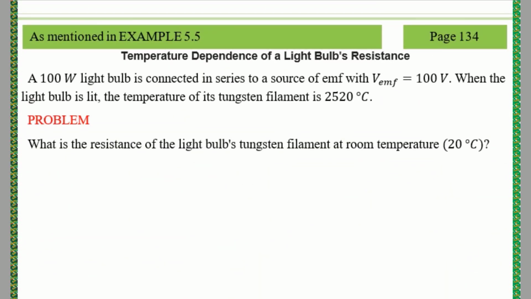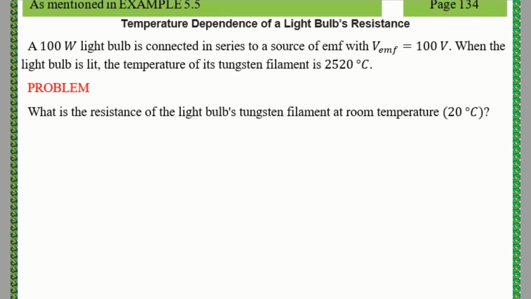Now let's end this discussion with this question. It is the temperature dependence of a light bulb's resistance. This is not in the syllabus, but it comes like this in the coverage, so I want to solve this question.